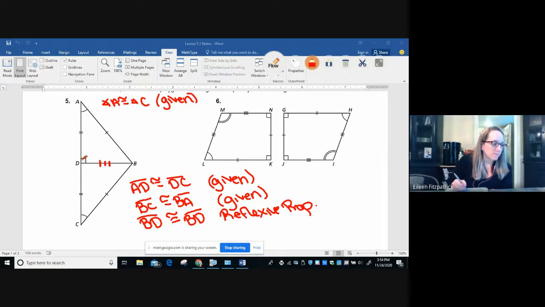Well, if this is a right angle, doesn't the one right next door have to be a right angle since they're a linear pair? Or we haven't really talked too much about perpendicular lines yet, but if you have perpendicular lines and that creates congruent adjacent angles, so those 2 angles are going to be equal to each other. For now, we'll just say that that's given. Okay, we won't get too specific about that.